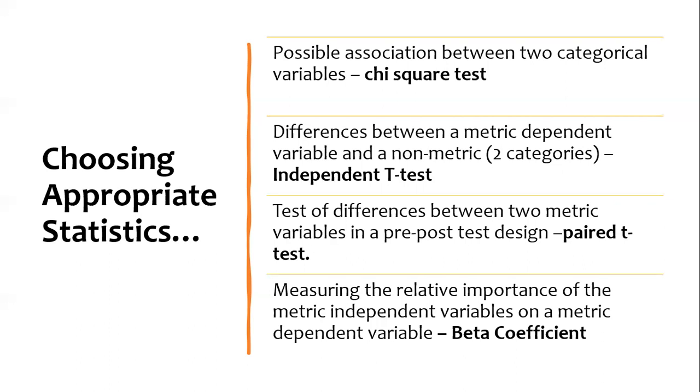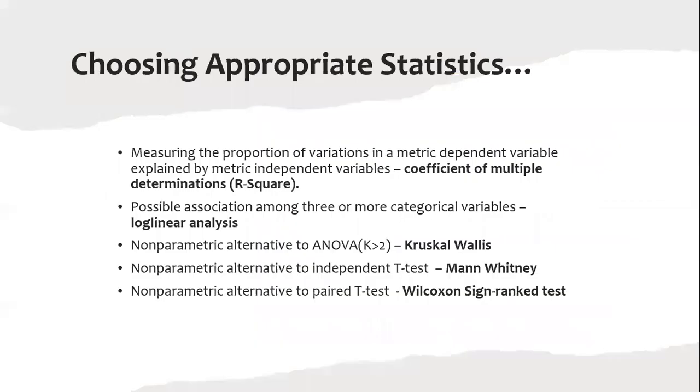Also, there's the beta coefficient, which measures the relative importance of the metric independent variables on a metric dependent variable. So when you want to see how important or what is the influence of a metric independent variable on a metric dependent variable, you can use the beta coefficient to interpret the relative importance.